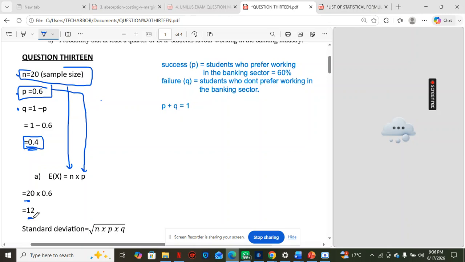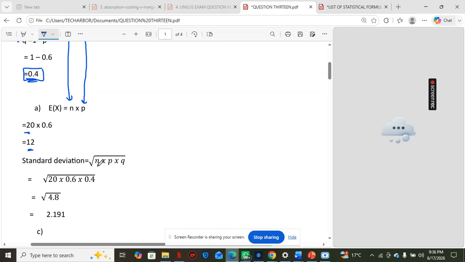We have to calculate the standard deviation. Next is the standard deviation: the sample size multiplied by the probability of a success, which in this case is students who prefer working in the banking industry, multiplied by Q, the probability of a failure, students who don't prefer working in the banking industry.